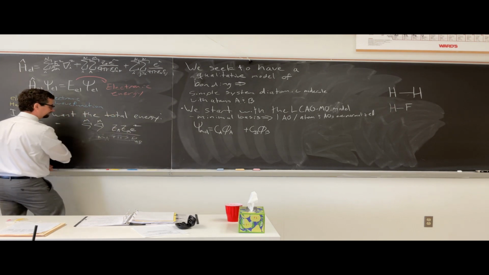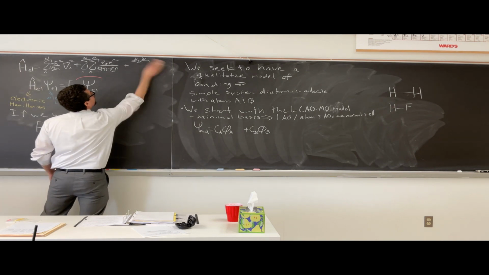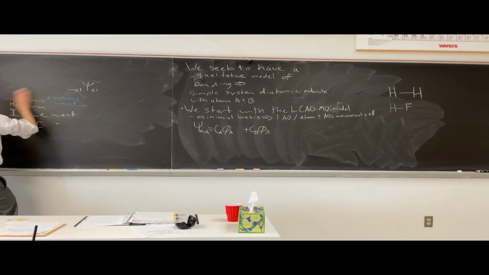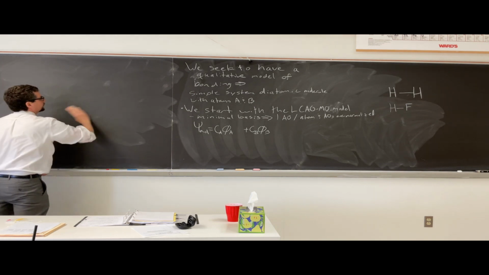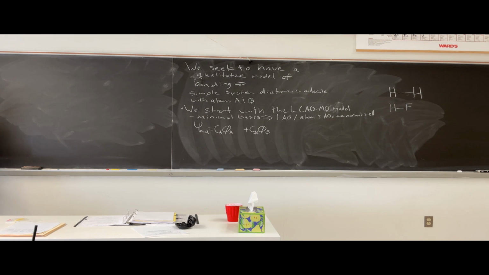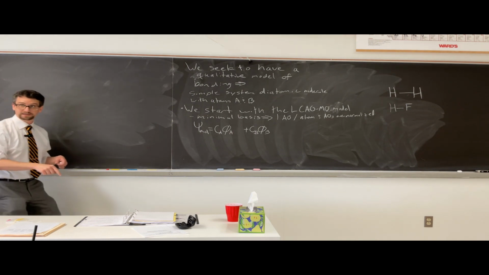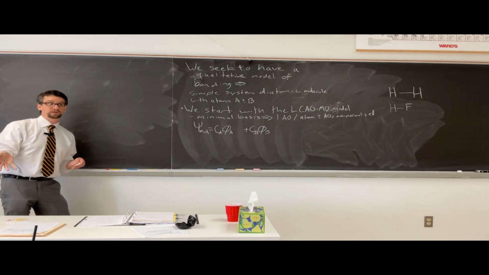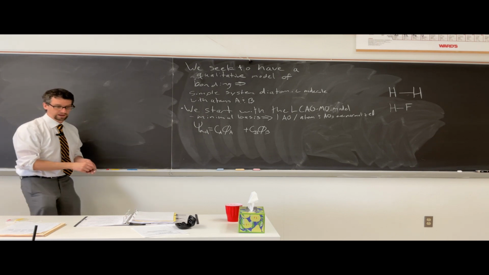Oops, wrong side. So what we need to do is we need to find the energy and we need to minimize it. We're going to be using the variational principle to do that.